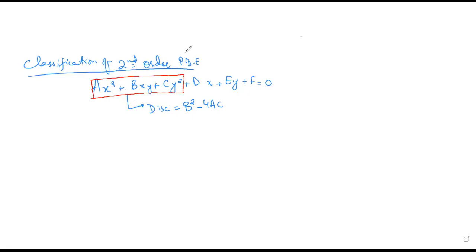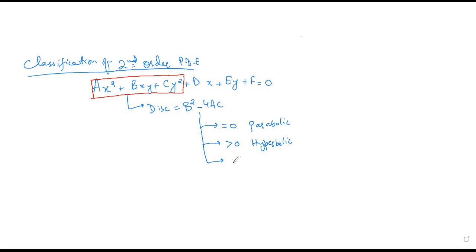So basically this classification with respect to the discriminant b square minus 4ac will be as follows. If you evaluate b square minus 4ac and you find that its value is equal to 0, you can say the equation is parabolic. If the value of b square minus 4ac is greater than 0, you can say the equation is hyperbolic.